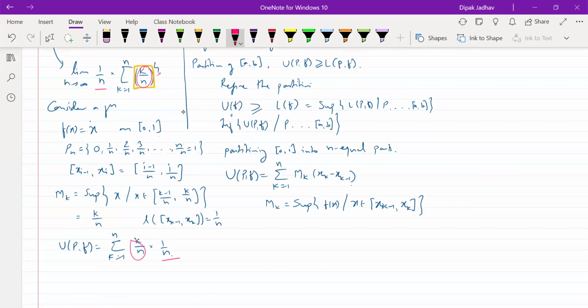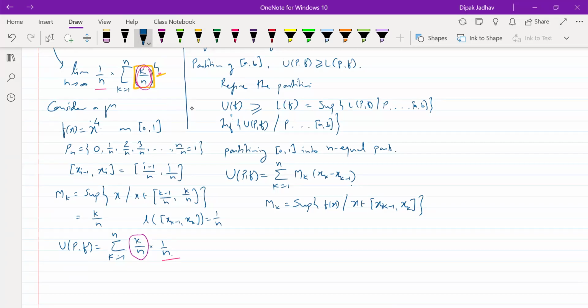So what modification is required to get this k by n raised to 4 here? Here also k by n, but here we have k by n raised to 4. Here we do not have the power of 4. So which function do I need to choose? x raised to 4.